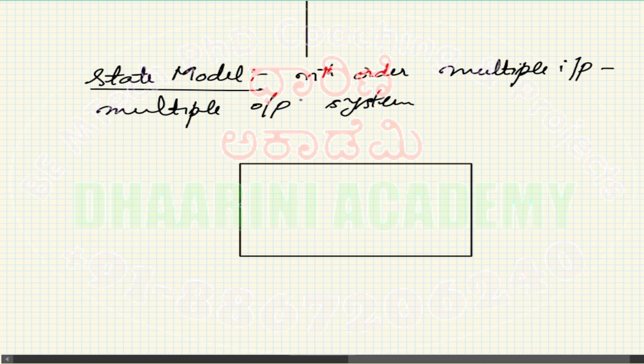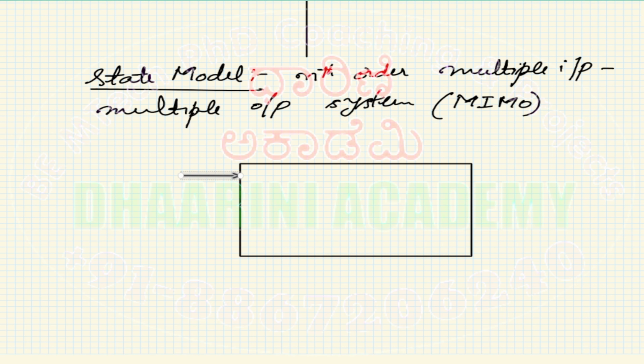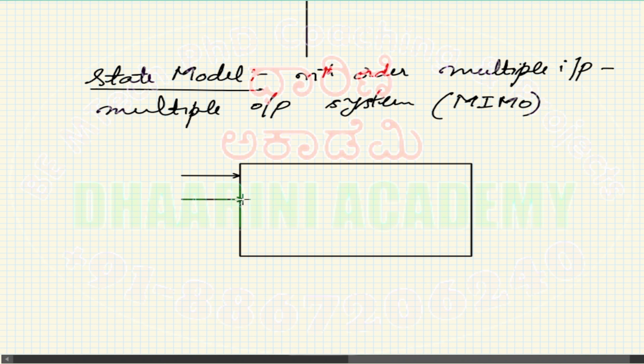If you remember, the short form for multiple input multiple output is MIMO, correct? Yes. Let us try to denote: the number of inputs is not expected to be equal to the number of outputs. That's the first thing. So I will assume different numbers now. Let's assume that there are a certain number of inputs to this system.